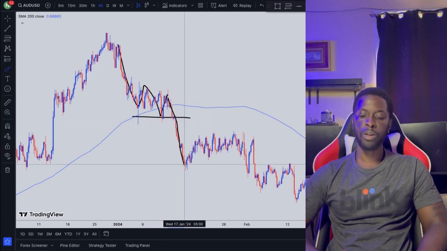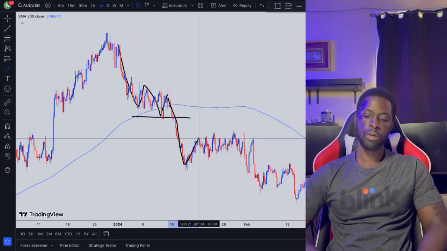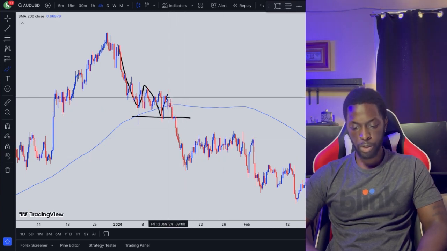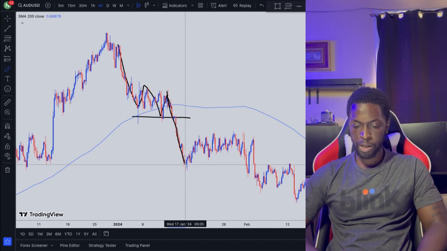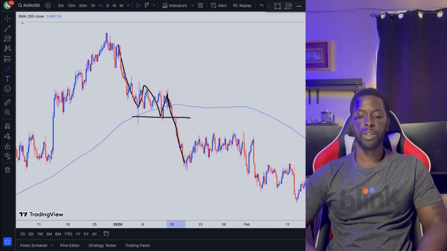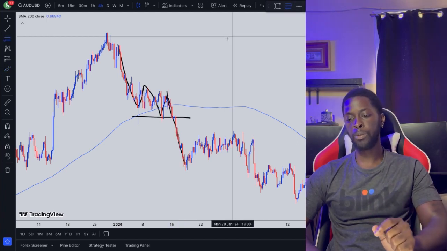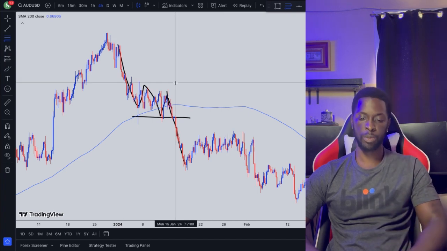You want to make a new lower low. You want to make a new low before you're able to use your Fibonacci tool. So right here, you can see we broke this low. We created a new low. So this moment in time, I would be looking for a Fibonacci retracement.